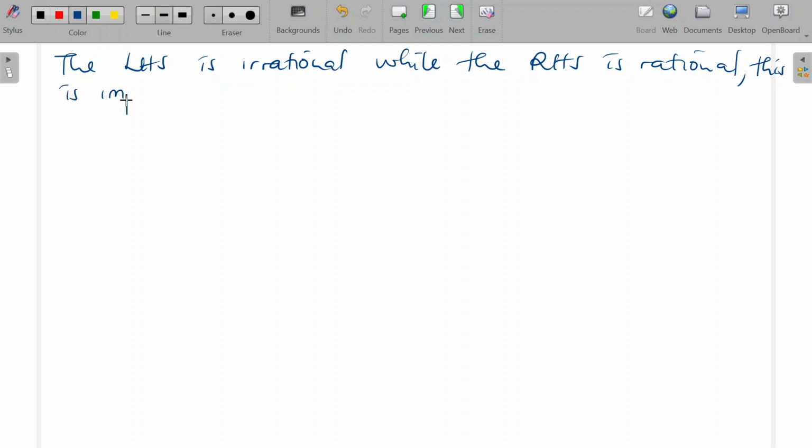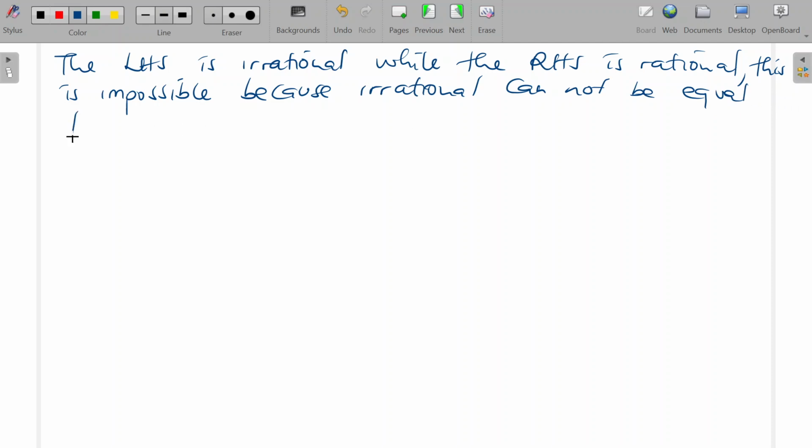This is impossible because irrational cannot be equal to rational.